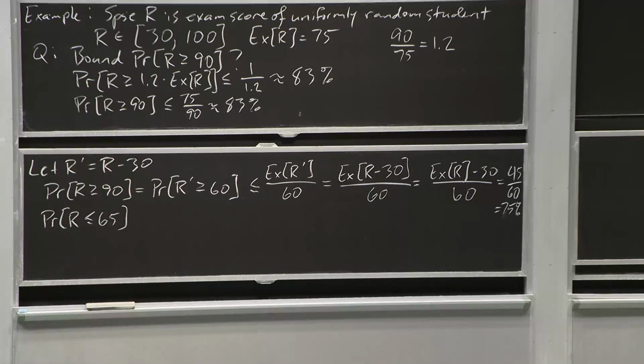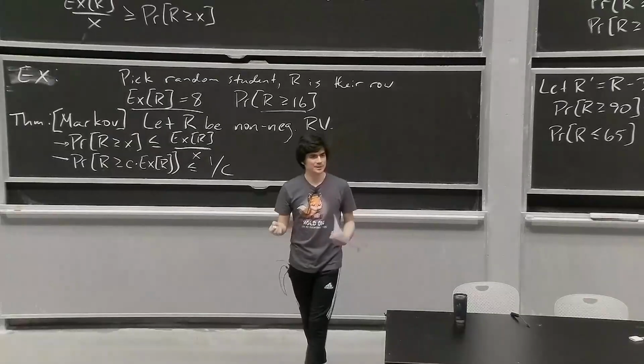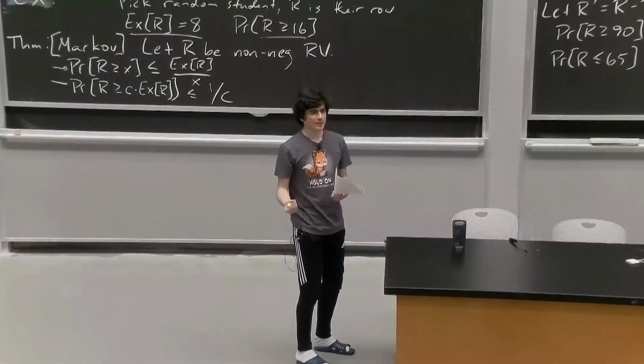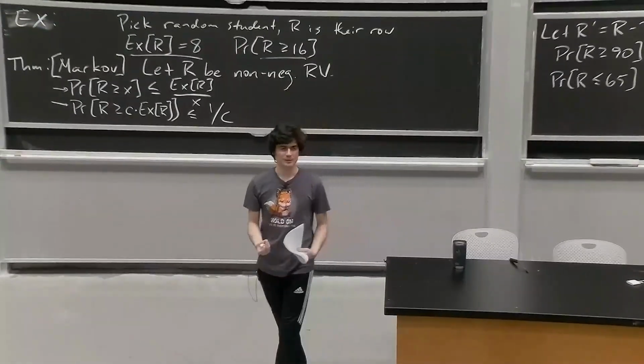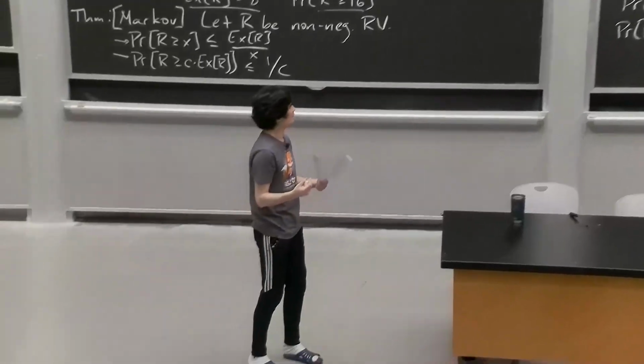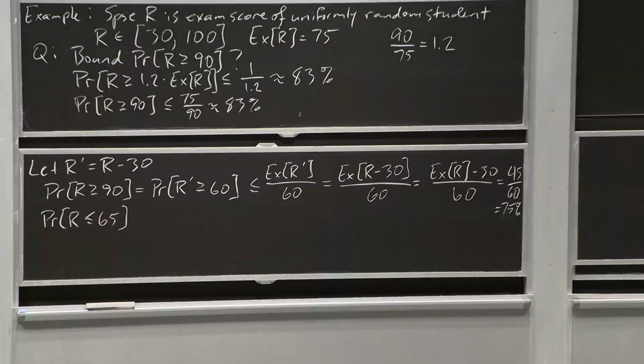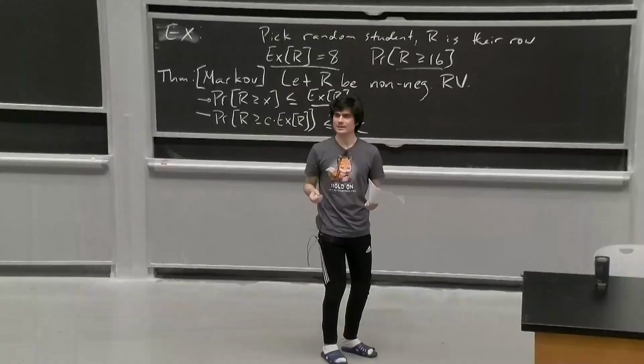We could say that the codomain of R is 0 to 100 instead of 30 to 100, even if the range stays unchanged. So it's still a non-negative random variable, so we're still allowed to apply Markov to it. It's just that doing it on R instead of R prime gives us a weaker result. Does that make sense to everybody? Another question?